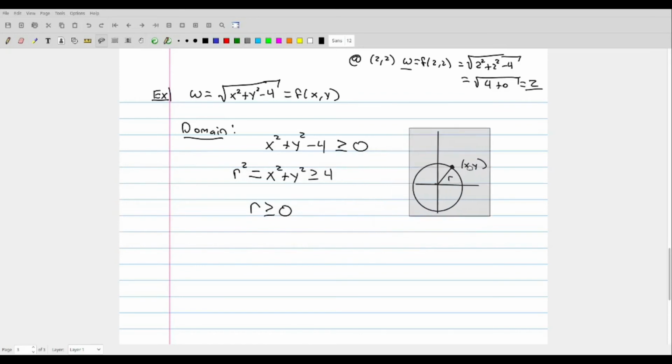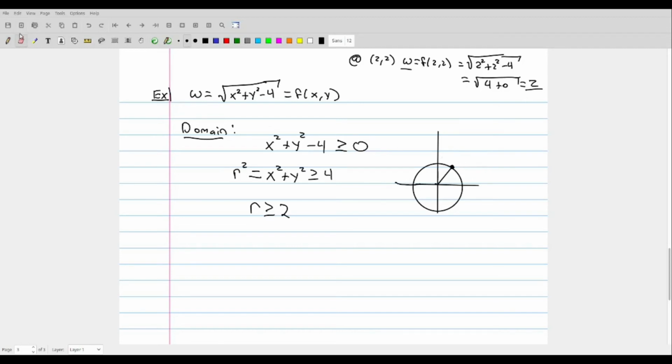The domain of this function is all points outside the circle of radius 2. I'll move this drawing over a little so we can see it better, and we can shade this in and see that directly.